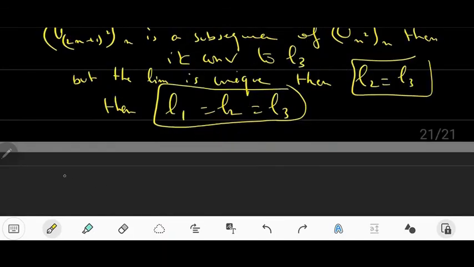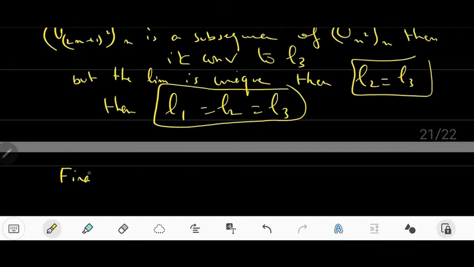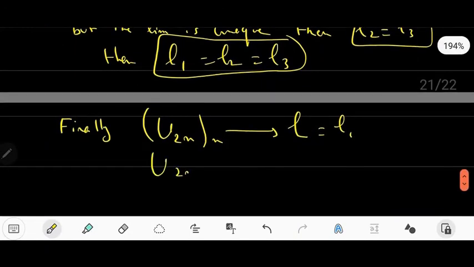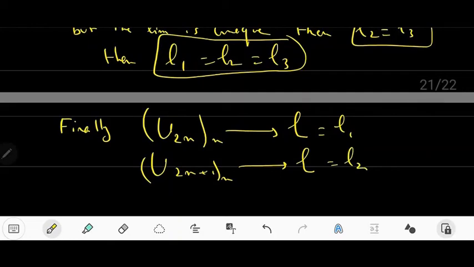So, finally, u2n converges to L equal L1, u2n+1 converges to the same L, which is equal to L2.